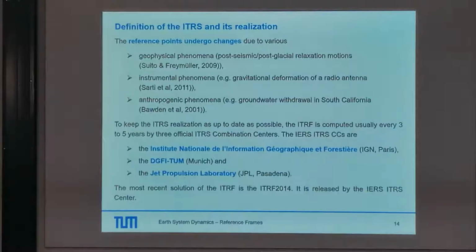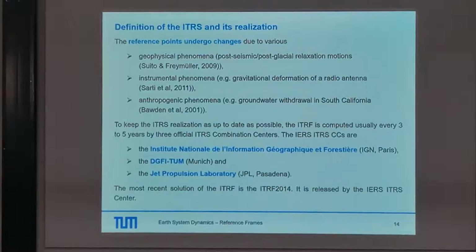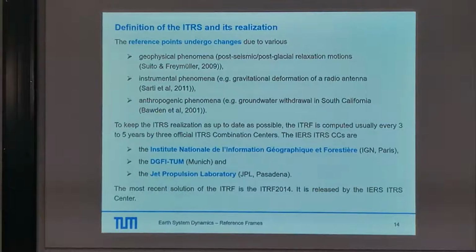You have the observers at the stations which do the observations. The observations are then sent to so-called analysis centers, which pre-analyze the observations, do outlier screening, and so on. Then they compute a solution or a normal equation and send this to the technique-specific combination centers.